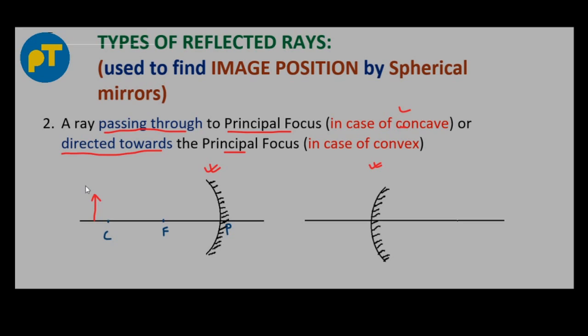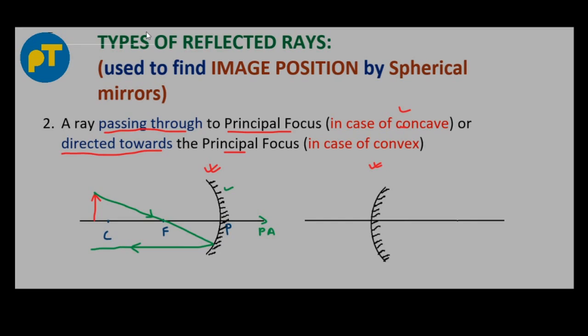As we have already learned, we can take any rays coming from the point. So we shall consider the ray which is passing through the principal focus and striking the reflecting surface of a concave mirror. In this case, the reflected ray will always be parallel to the principal axis.